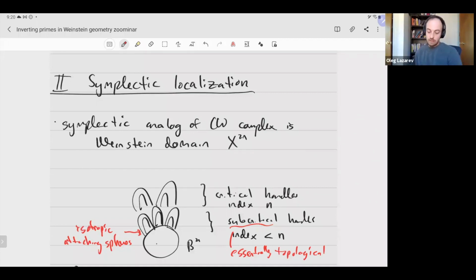Then there are some critical handles of index equal to n. The important thing about those handles is that they have cocores, which are Lagrangian.